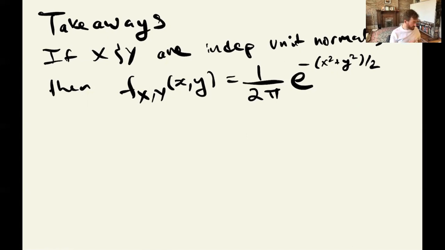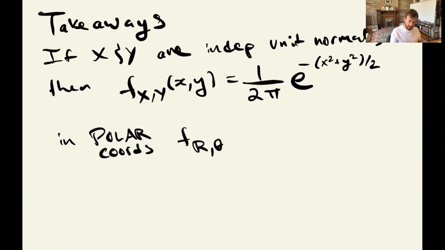Some other things that we can benefit from by understanding this a little bit better: when we switch to r and theta, we actually get another way of thinking about this JDF. So in polar coordinates, now we've got something like f of r, theta, little r, little theta.